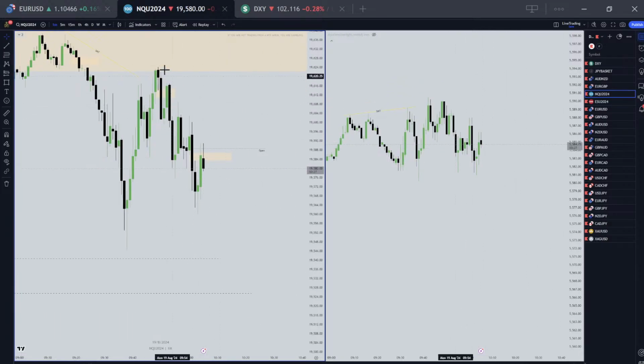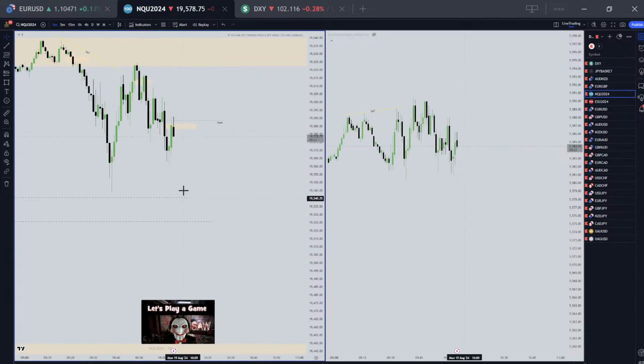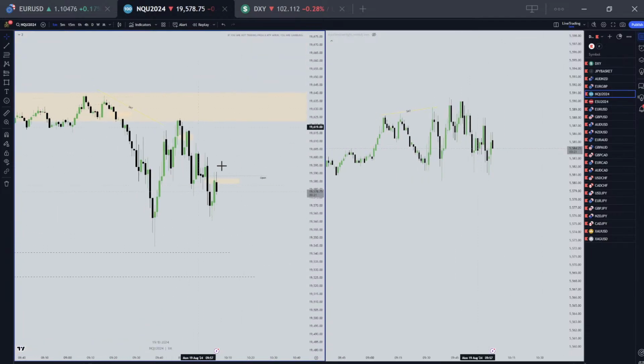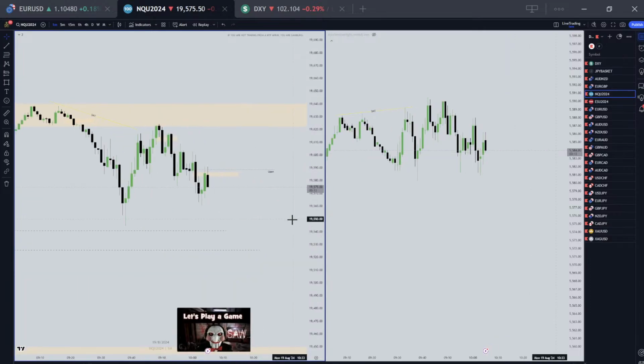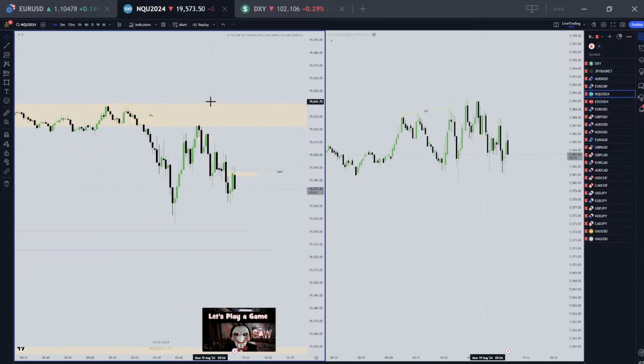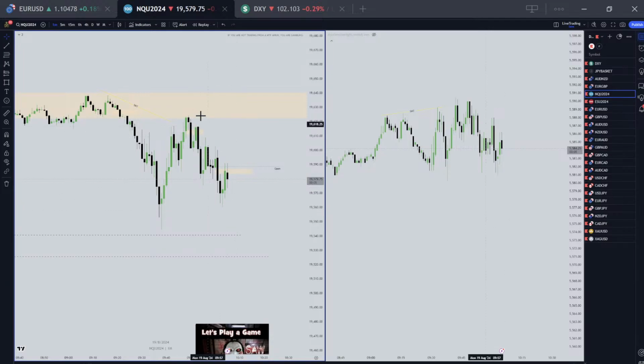We are creating lots of failure swings right here, so that's nice. If price would now jump lower, taking liquidity, that would be nice for the buys later, just creating the liquidity up here. All failure swings. So if the market wants to go up for the week, then it makes a lot of sense if we now push lower, leaving buy side liquidity up here.